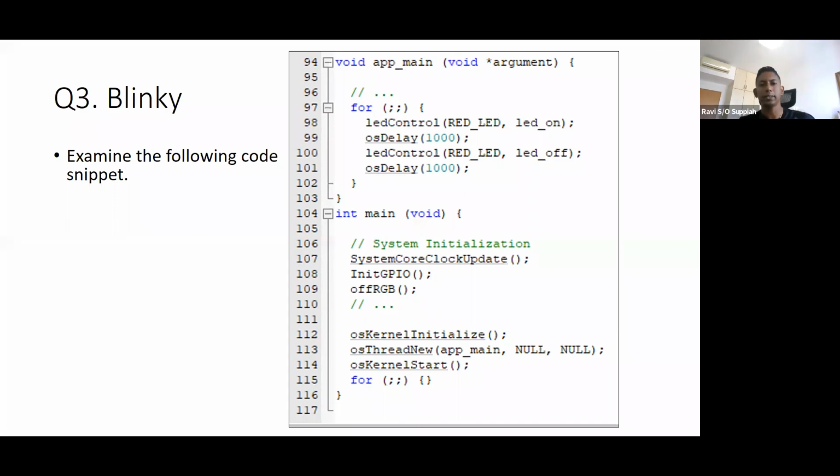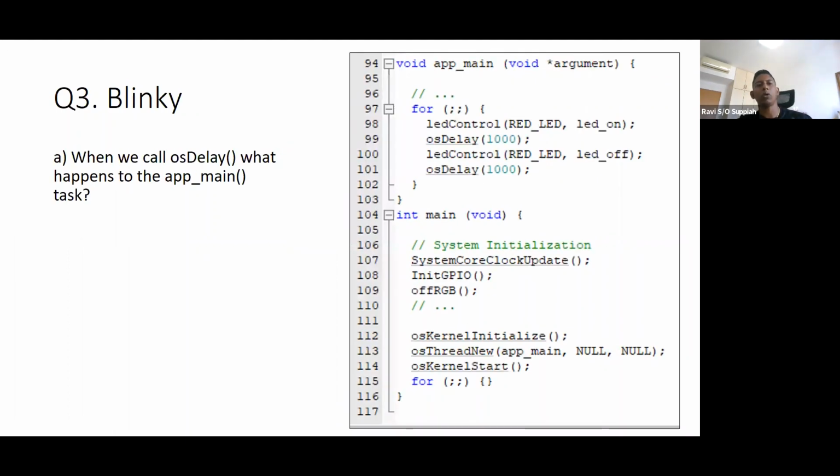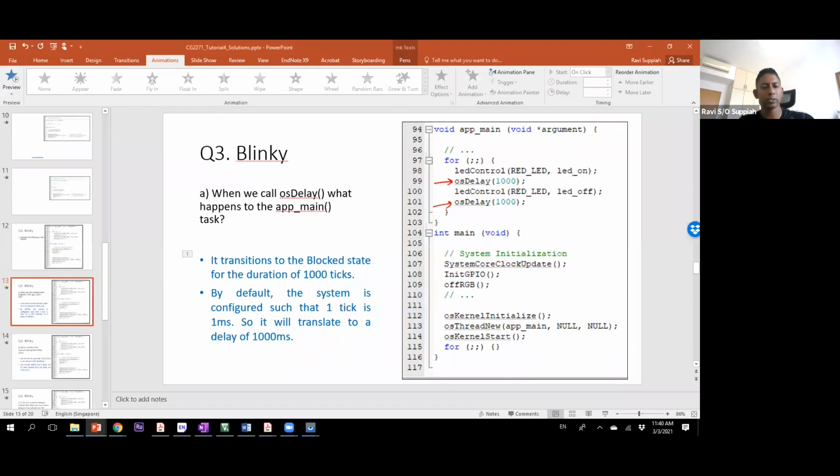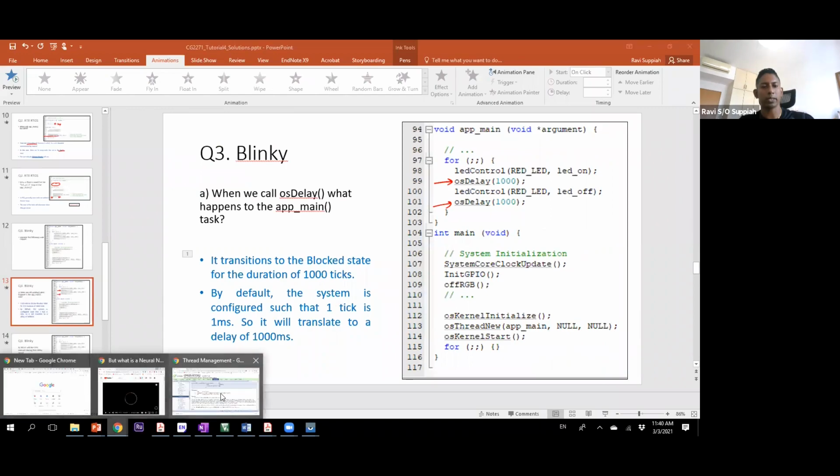So inside this admin, what is going to happen? I create this new task admin, and inside admin, I have LED control on and off, and between that, I call OS delay. When you call OS delay over here, what happens? The best way to always figure out what is happening is to go back to our documentation.